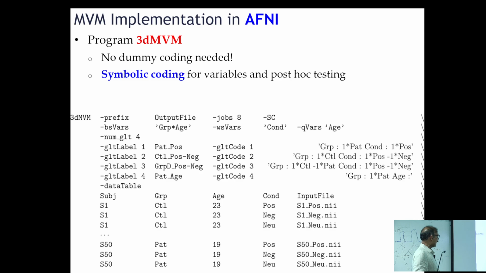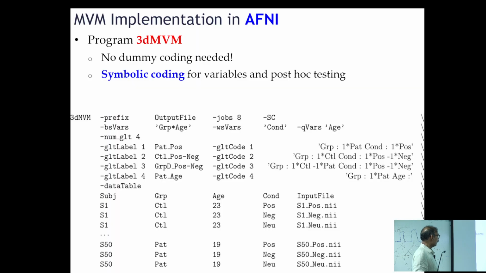And again, this is just showing a simple way. So this is where you can put in the age, the conditions, the different factors, right? And like one label would be positive condition, negative, positive versus negative, and then age, right?